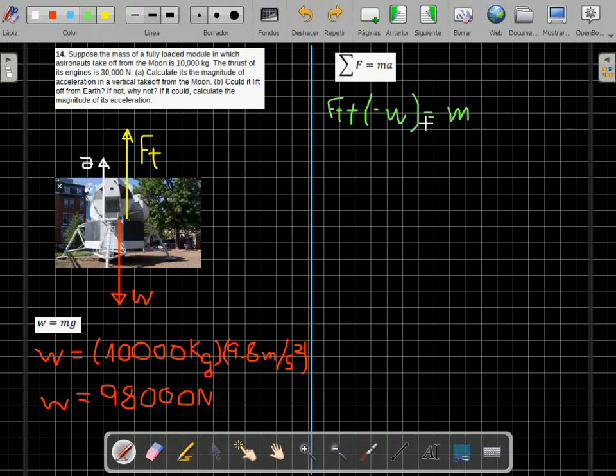Now let's replace all the data that we know. The force of the thrust, once again, is going to be 30,000 newtons. A positive multiplied by negative is going to be negative. The weight equal to 98,000 newtons.